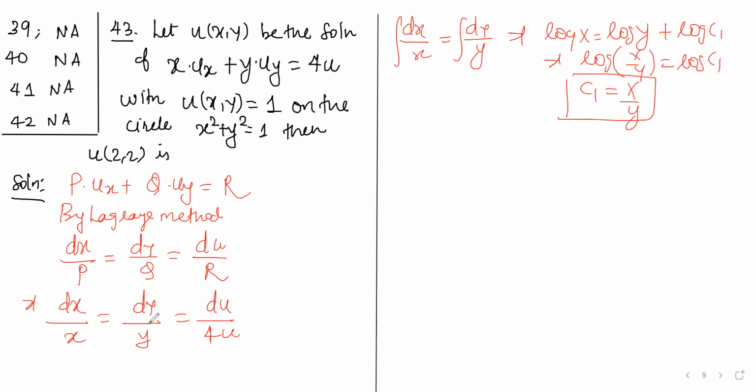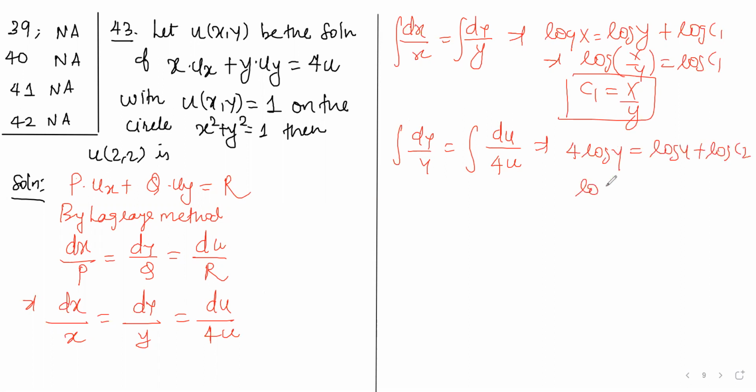And now consider another pair. So dy over y equals du over 4u. Now if you solve this, you get nicely 4 times log y equals log u plus log c2. So it will be log of y to the power 4 over u equals log c2.